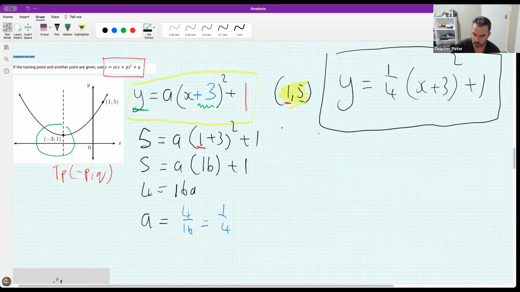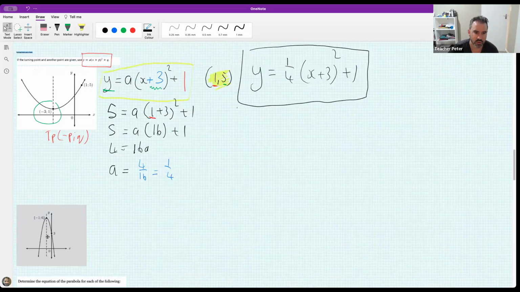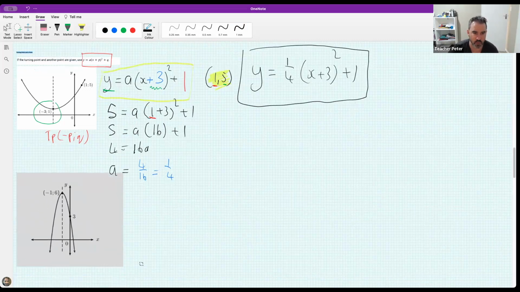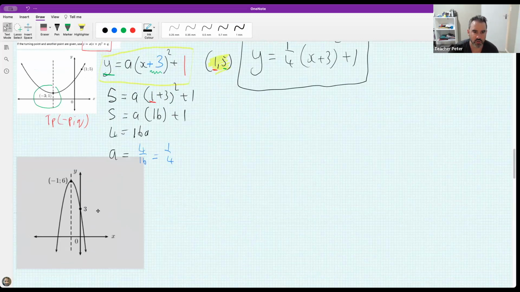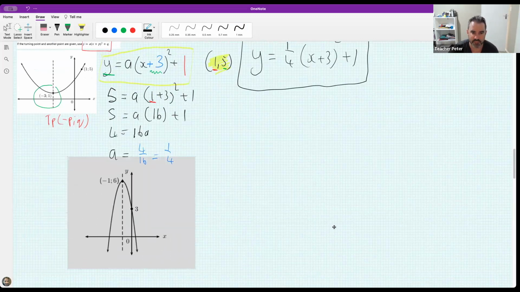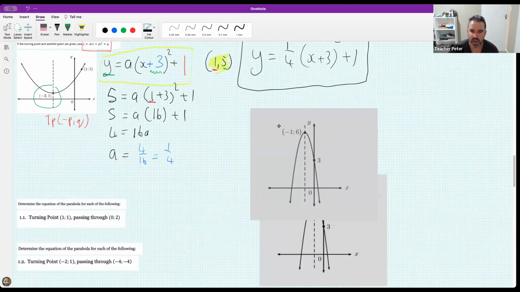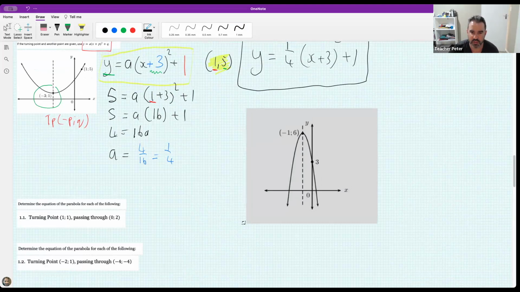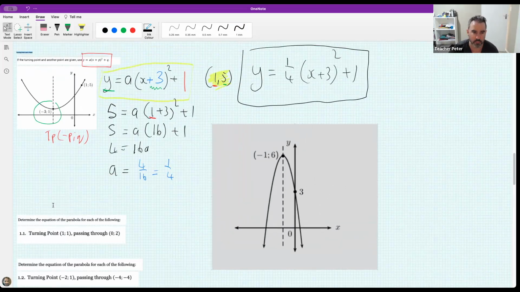So what I'm going to do is I'm going to say, you need to find me the equation of the parabola in the gray picture. I'm going to leave it over here with the example of the previous one still on the board.